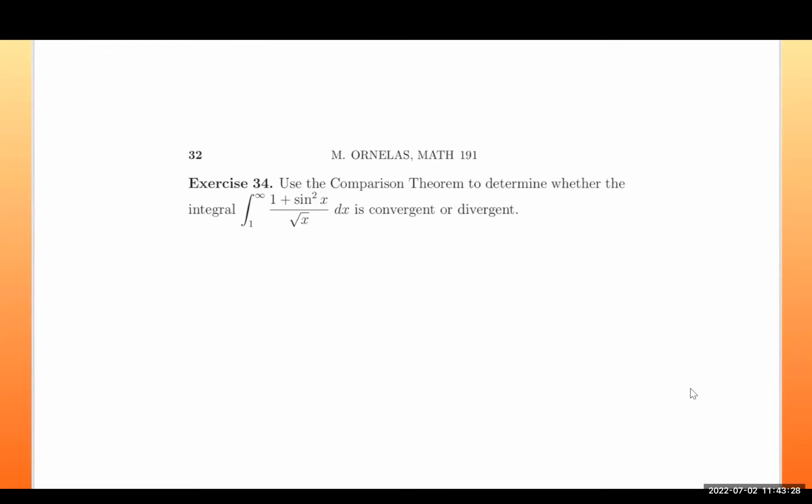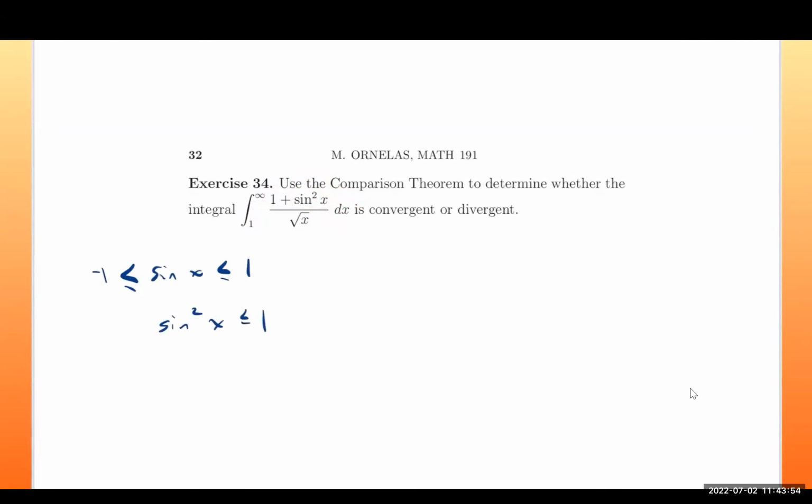It says, use the comparison theorem to determine whether this integral is convergent or divergent. Well, let's look at the integrand. Notice that for the integrand, we know sine is bounded by 1 and negative 1. But if you square it, then it's going to be bounded above by 1.